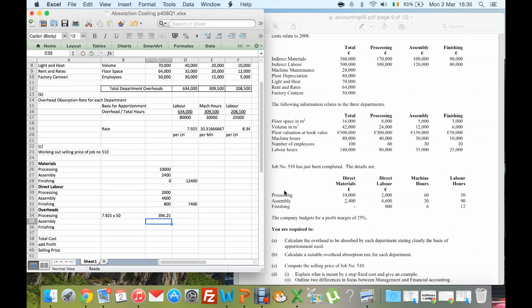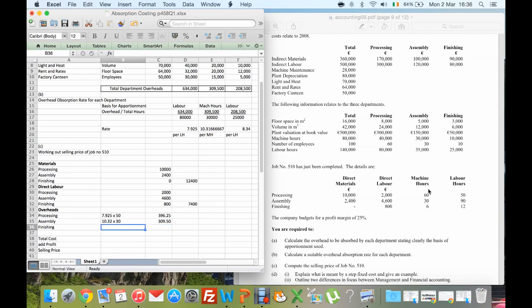Assembly. So assembly, we got 10.31, or rounding off to 3.2, let's say, multiplied by the number of machine hours. There's 30 machine hours. So it's the absorption rate times 30.